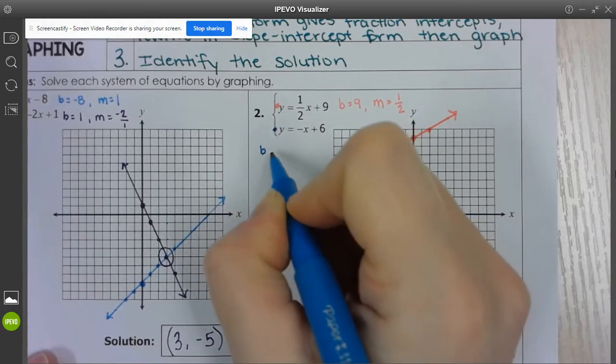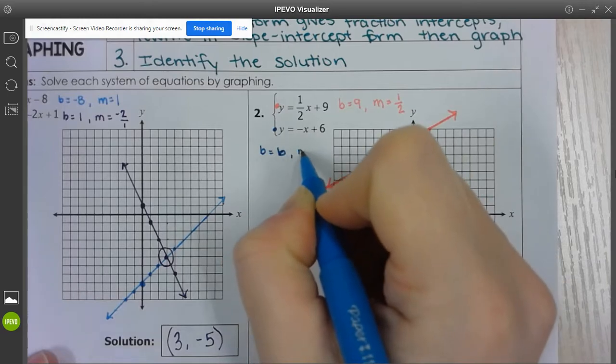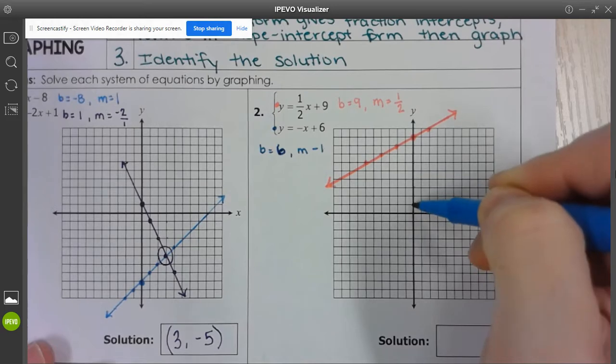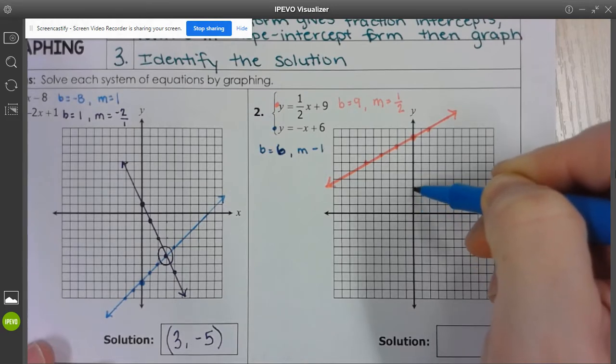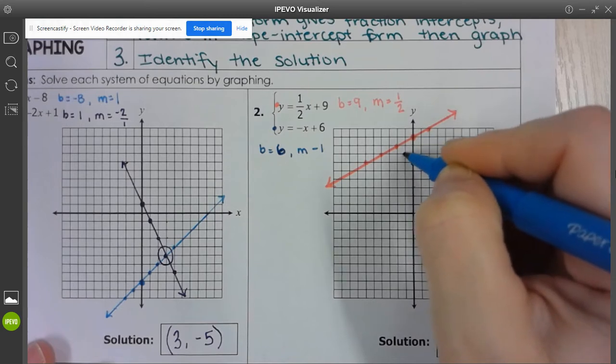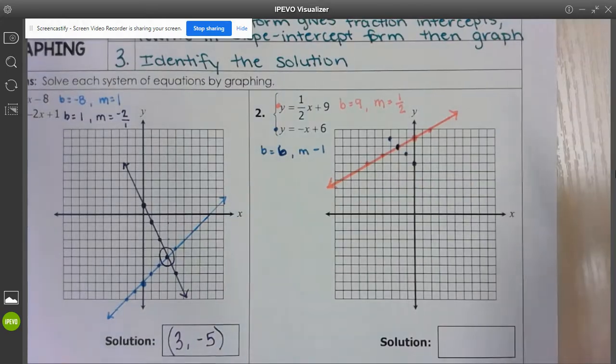So for our second equation, our B value is 6, and our M value is -1. So 1, 2, 3, 4, 5, 6. And then I'm going to go with a negative slope.